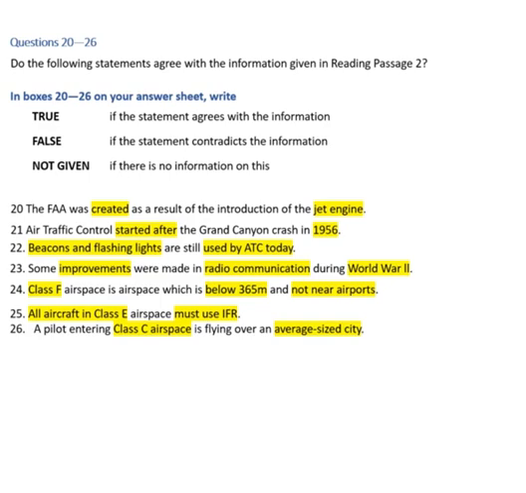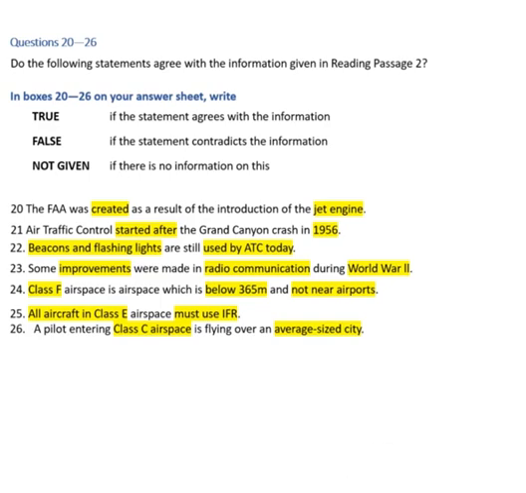The FAA was created as a result of the introduction of the jet engine. We look for FAA. Where is the first place this FAA is mentioned in the passage? Then we look at created. Of course, if we check for created in the passage, we may not find such a word there.